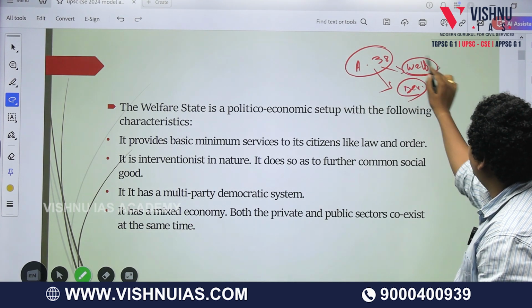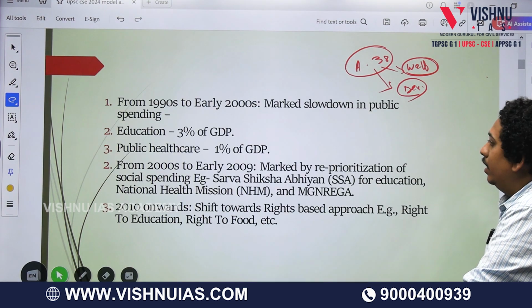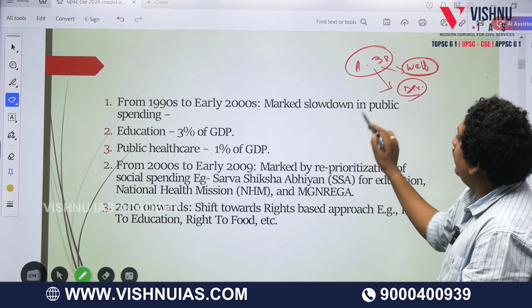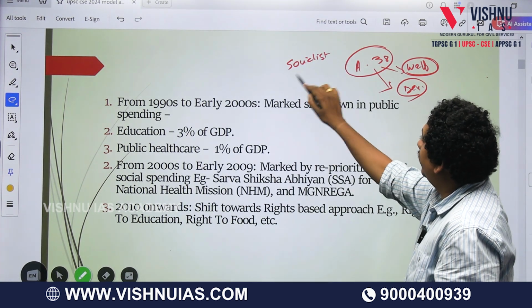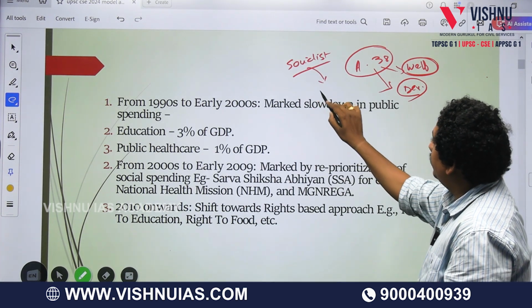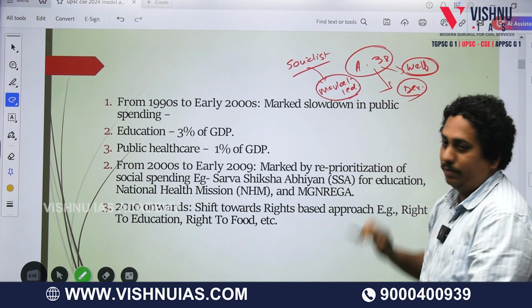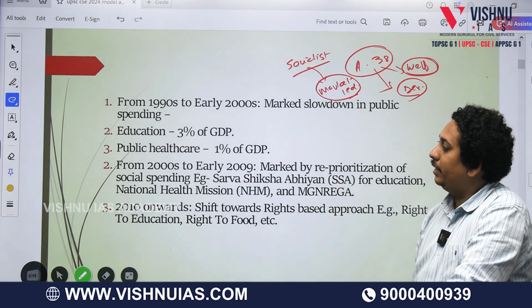But the question asks you to touch the component of welfare, not development. After 1991, how has our economy transformed? We were a socialistic economy, then we transformed to a market-led economy. That is what we witnessed after 1991.